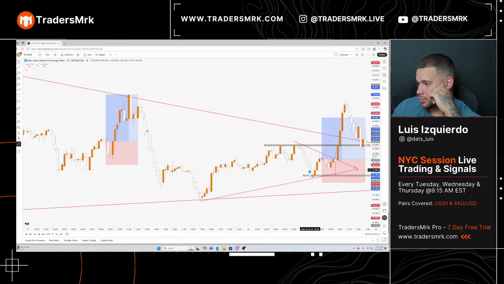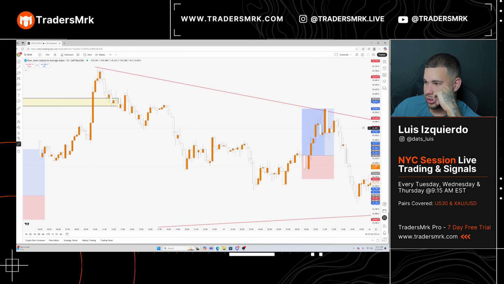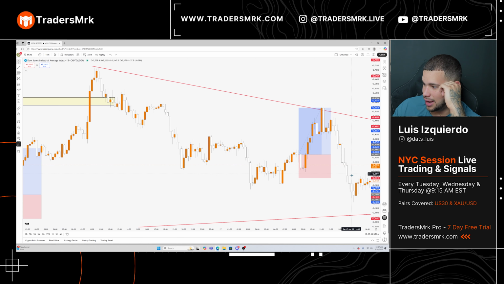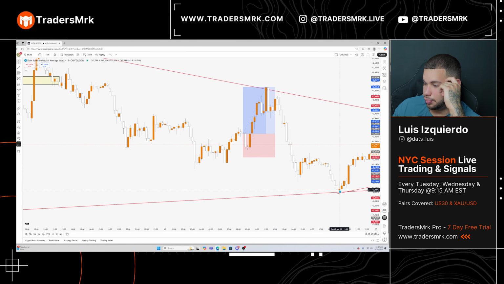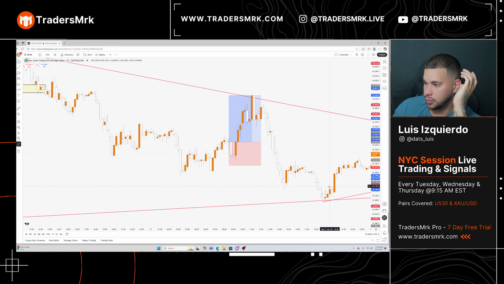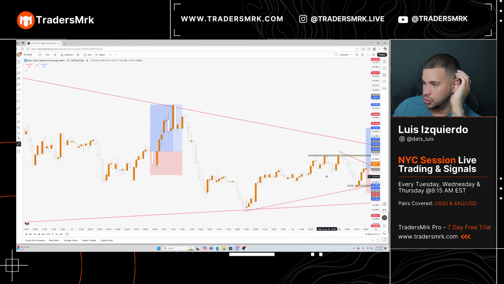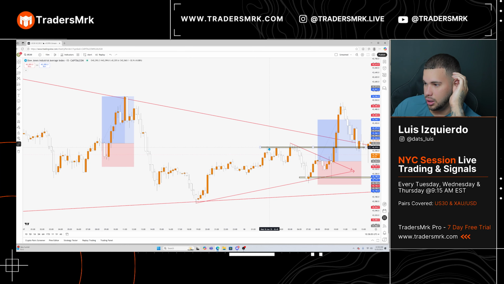The first thing I want to point out is what is going on in the market. From this signal the market came down to hit the bottom of the range, which is really a triangle, then went towards the upside and hit this area of resistance, this area of resistance, this area of resistance.